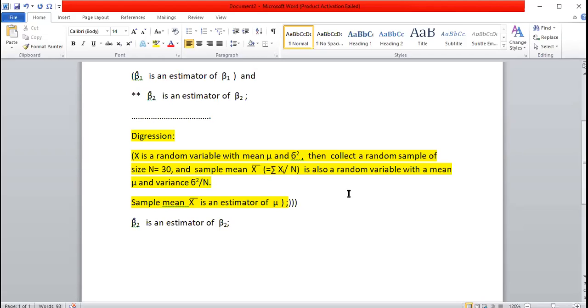Now, to be a good estimator of beta 2, beta 2 hat needs some assumptions. We need some assumptions for OLS, ordinary least squares estimators, to be good, quote unquote.